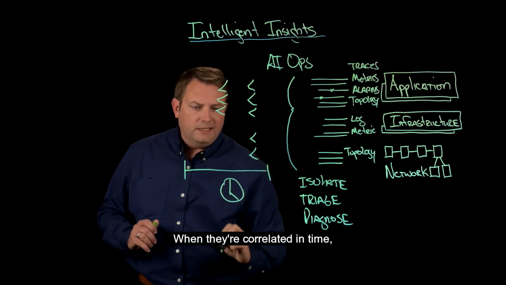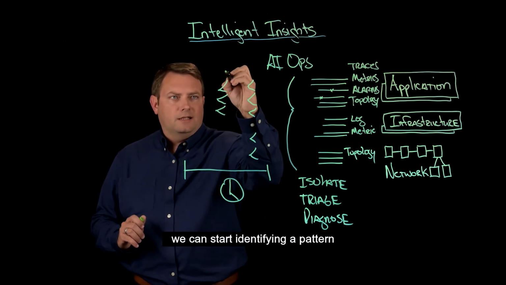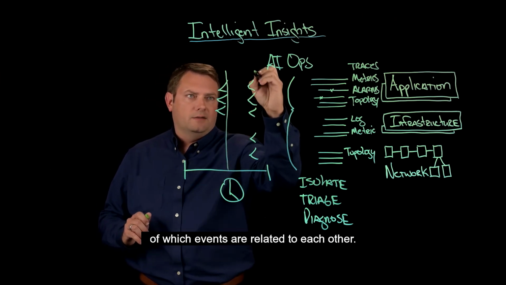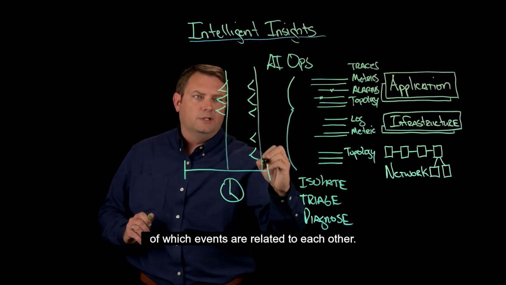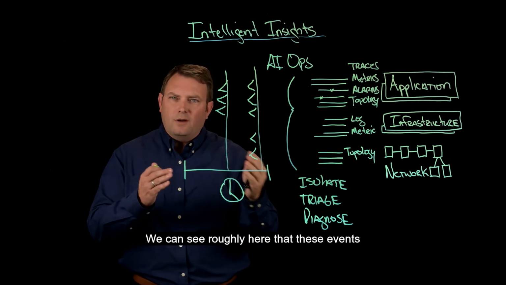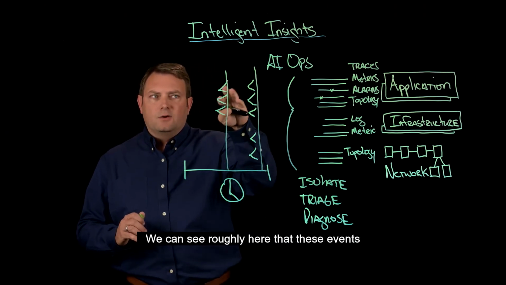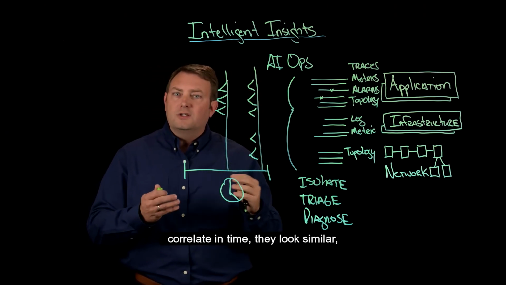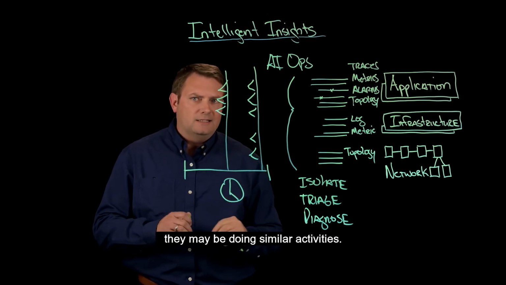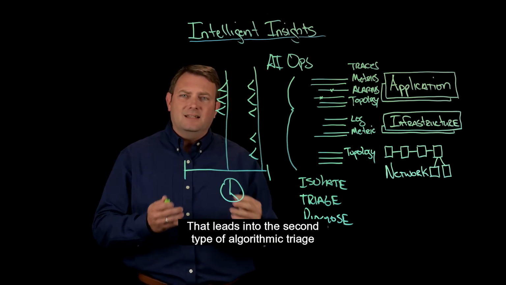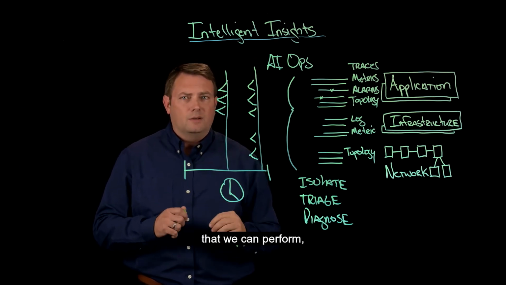When they're correlated in time, we can start identifying a pattern of which events are related to each other. We can see roughly here that these events correlate in time, they look similar, they may be doing similar activities. And that leads into the second type of algorithmic triage that we can perform.